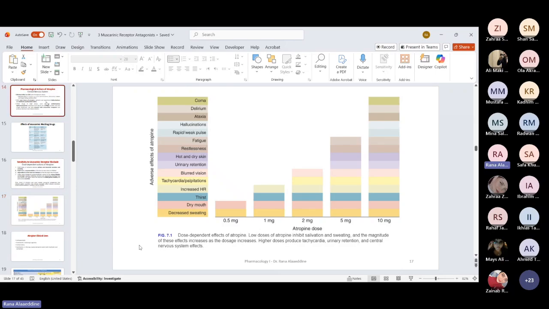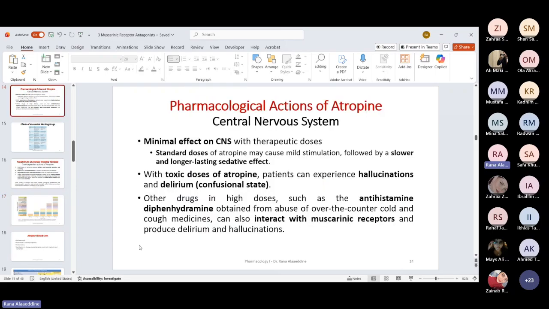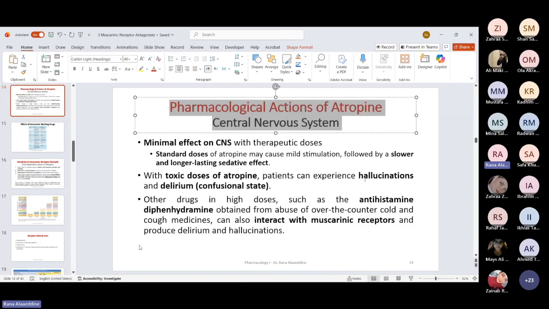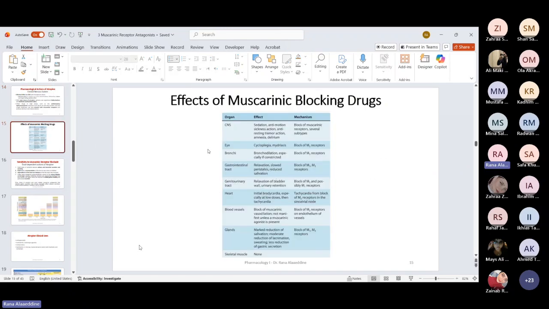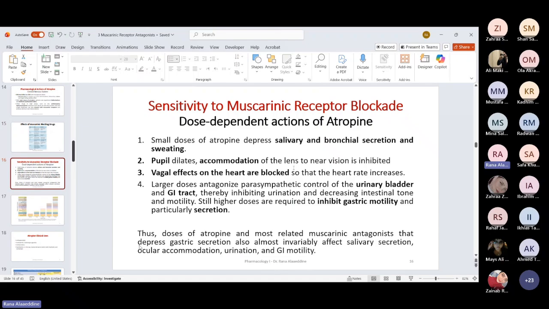So the effect on the central nervous system, usually we call it a sedative effect, so they cause sleep, but if given in high doses, they can be toxic and cause hallucinations and delirium. All right, this is a summary of the effects, guys, we just mentioned. Now listen. Not all effects happen at the same time, depending on the dose.